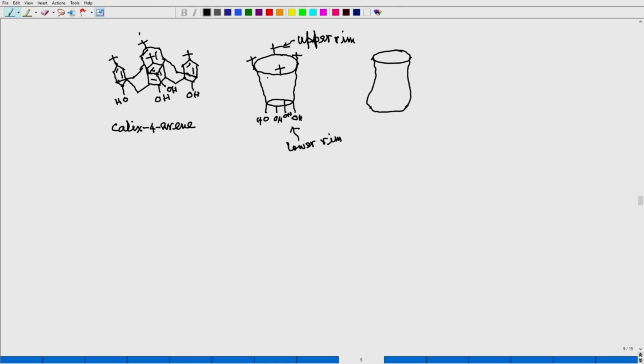This part, the upper rim with the aromatic arene, is hydrophobic in nature and it can accept hydrophobic guests, and this lower rim is hydrophilic in nature. Obviously, you can see OH groups, there are 4. So, this lower rim can bind metal ions. Okay. So, hydrophobic and hydrophilic character is characteristic of this particular molecule.